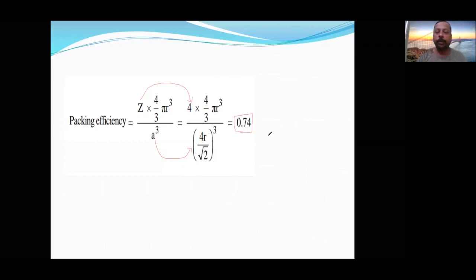Similarly, if you do it for BCC, you can understand. Always make a note of the packing efficiency for BCC, FCC, and simple cubic. These are the things you have to remember.